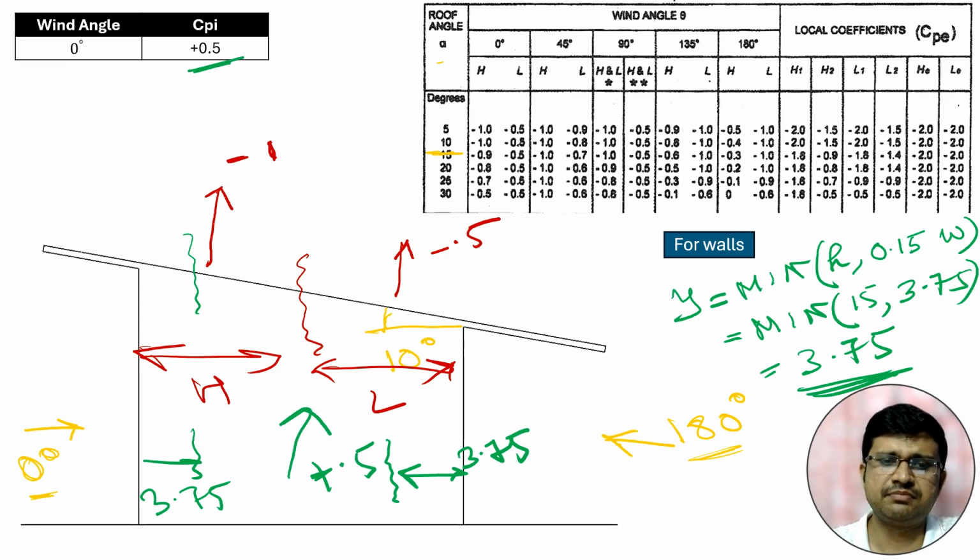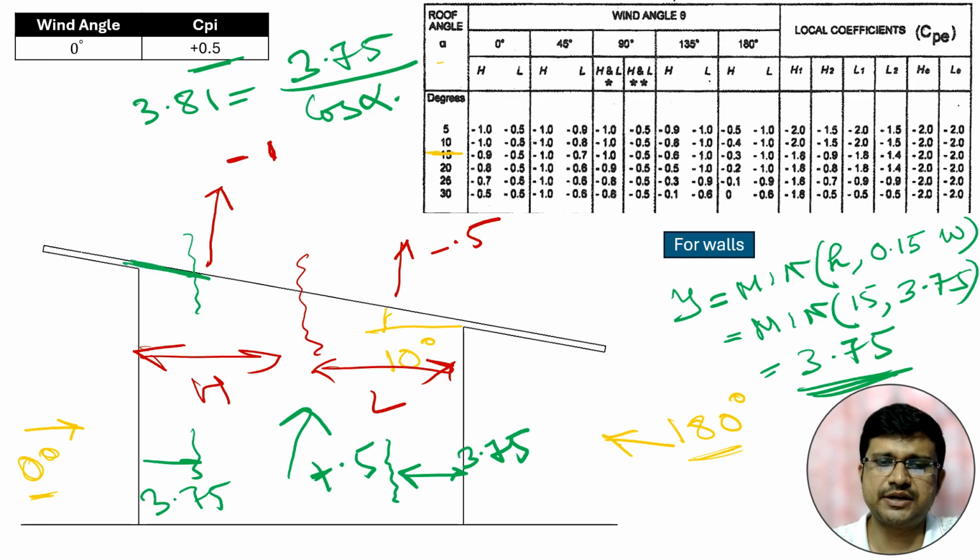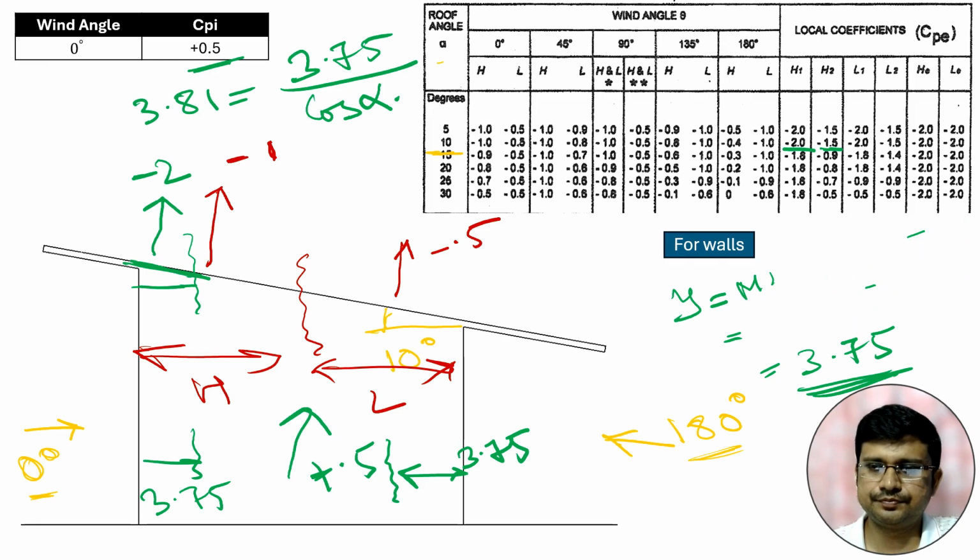But on the roof, this length will be 3.75 by cos alpha. Alpha is 10 degree, so it will be 3.81. So the length is 3.81 on the roof, and in projection it will be 3.75. In that zone the CP will be -2. We will consider the higher value of H1 and H2, as I have shown in a previous figure.